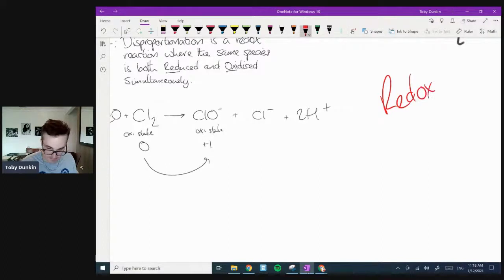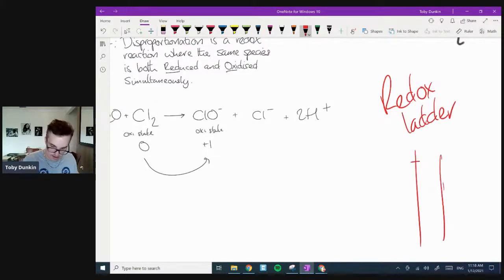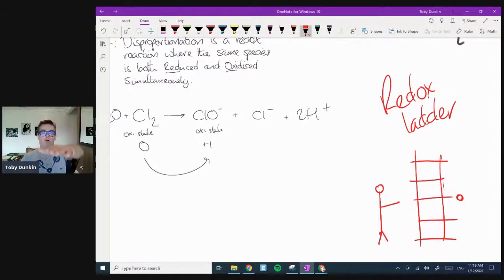It's a nice trick. The Redox Ladder is just an imaginary ladder. And the middle of this rung, so imagine you're standing up, your arms are here, legs there. And if you hold your arm out, so this is me doing the Redox Ladder, that there is oxidation state 0. It's like I can see the rung on the ladder, just level height with me with my arm.